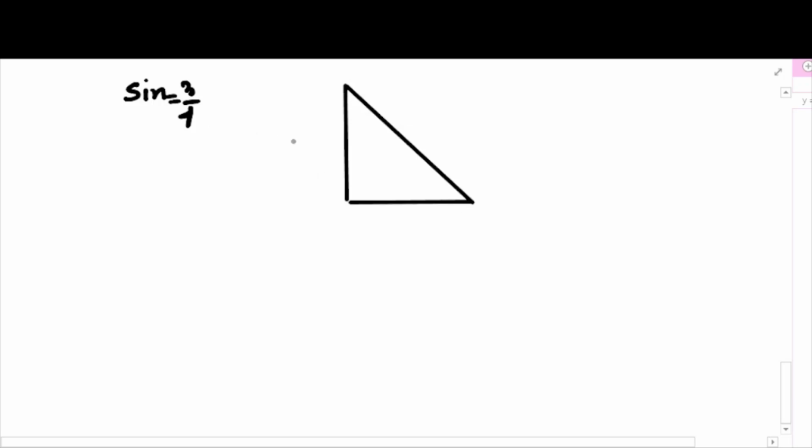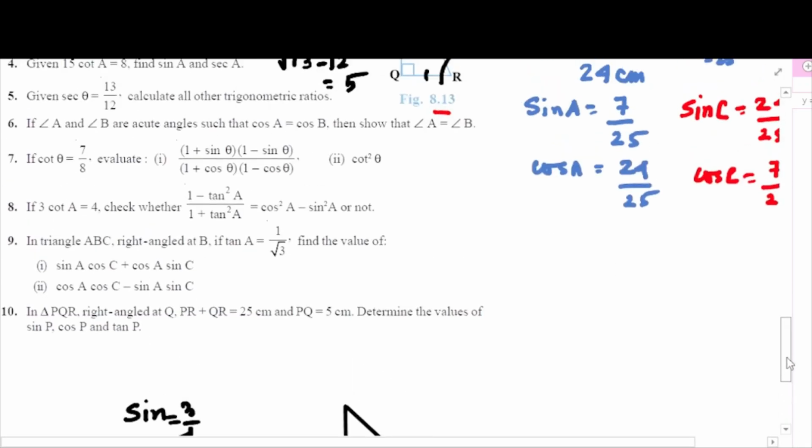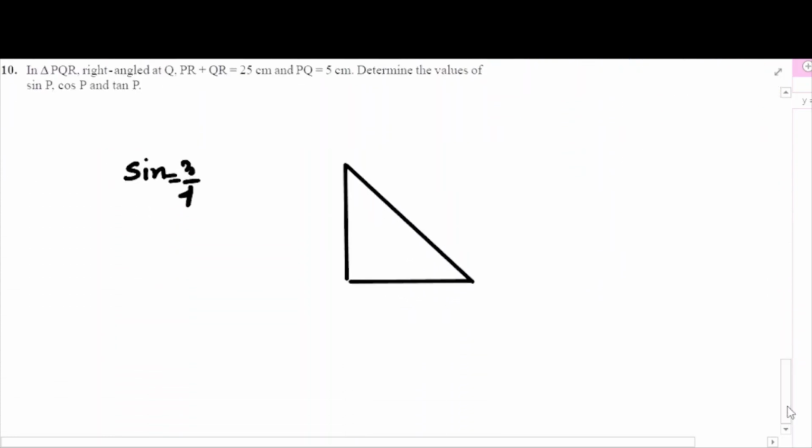Sin A equal to 3 by 4. That means perpendicular by hypotenuse is equals to 3 by 4 given, right? If this is angle A, say this is B, this is C. So let us take perpendicular equal to 3k, hypotenuse equals to 4k. Now what is k? K not equal to 0 or plus minus infinity.